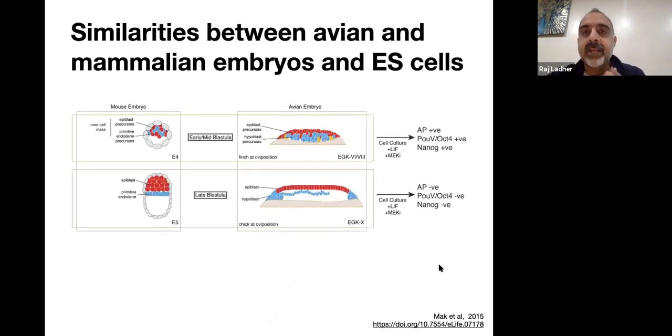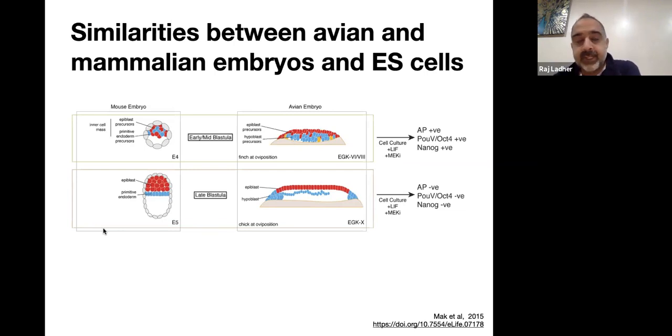There are similarities between the avian and mammalian embryo as well. These are not immediately apparent because the avian embryo does develop to some extent within the hen.